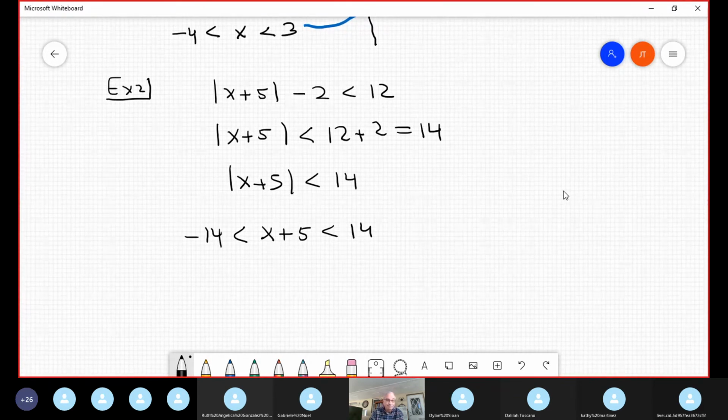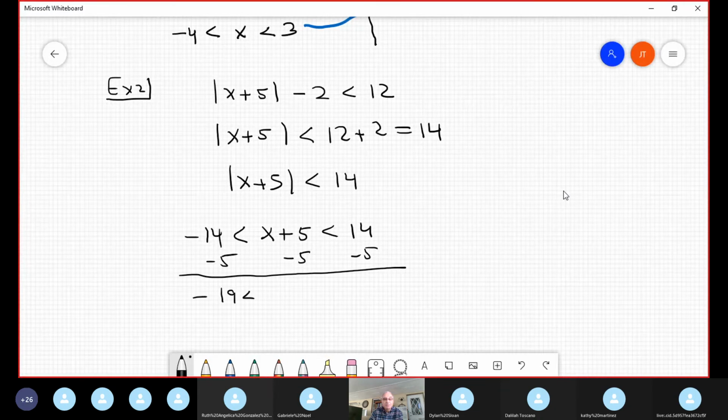Okay, subtracting 5. It's negative 19. X, this is gone. And this is, 11? No, 9. 14 minus 5, 9. So the interval is obvious.